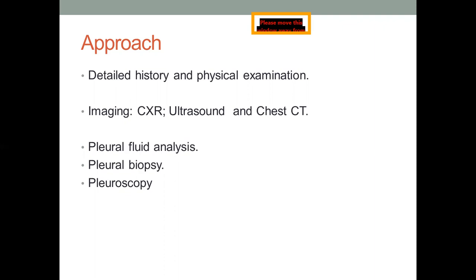Is it small, mild, moderate, or severe? Or does the patient have a small problem or a larger problem?